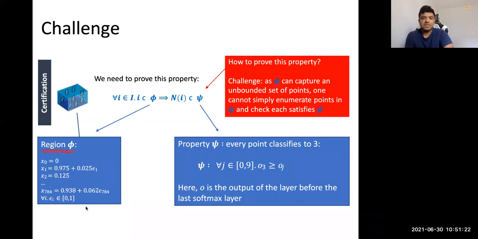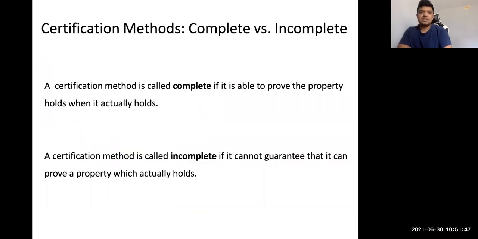As I mentioned before, 2 to the power 784, it's almost impossible to enumerate through each of those points and check if each of those points satisfies our post condition, our psi. So the question is, how do we attack this challenge?